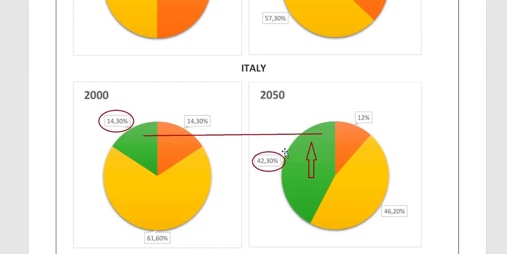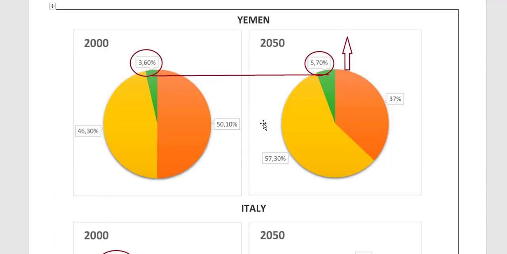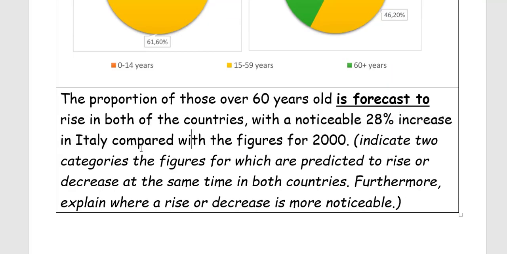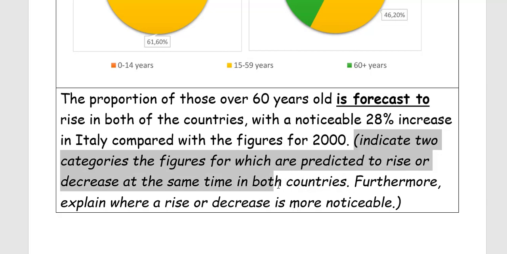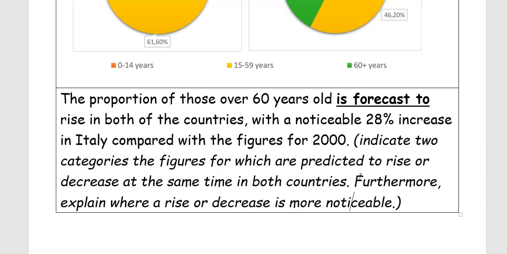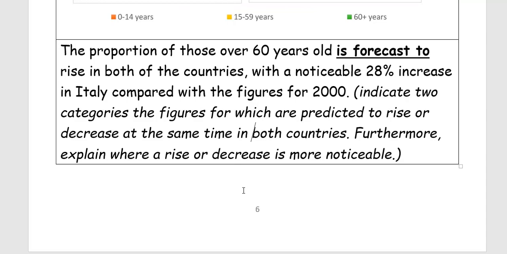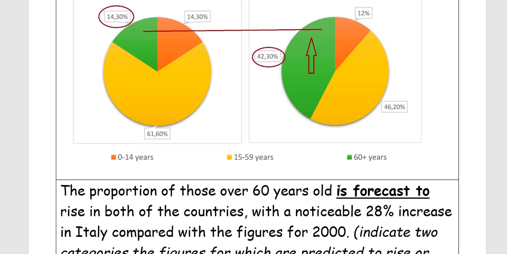So this rise is significantly larger than the rise here, compared with the figures for 2000. So indicate two categories, the figures for which are predicted to rise or decrease at the same time in both countries. Furthermore, explain where a rise or decrease is more noticeable. Okay, let's move on.